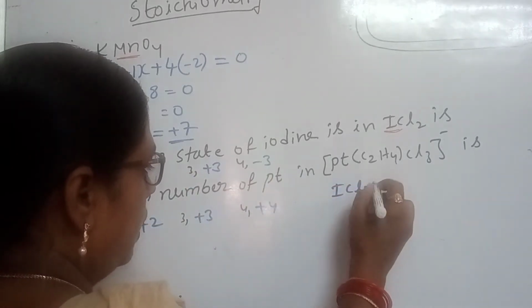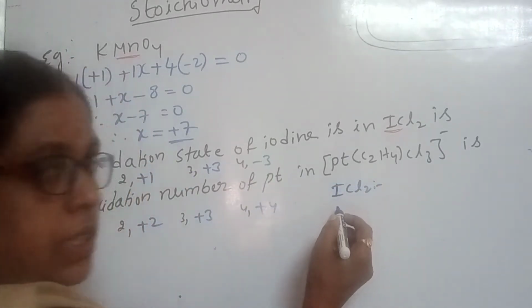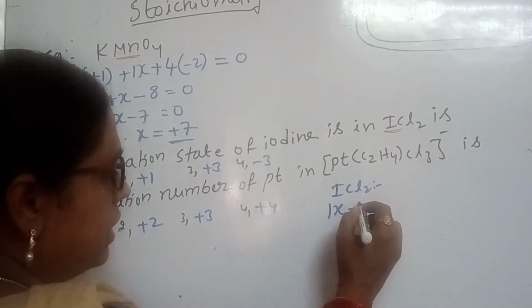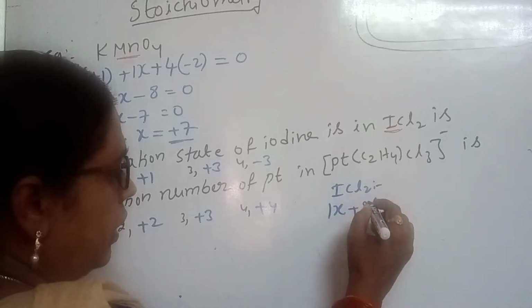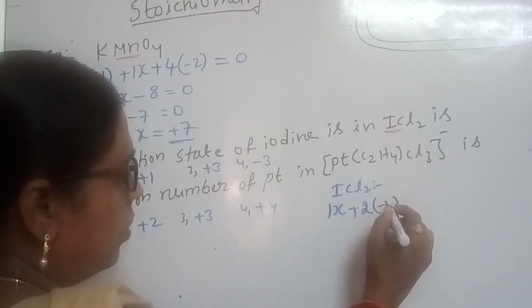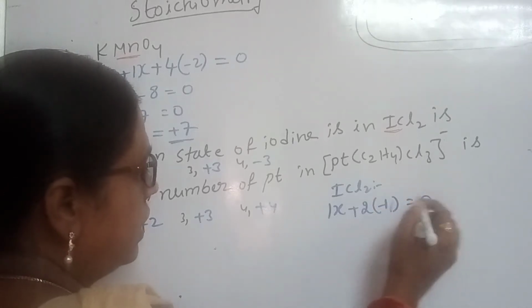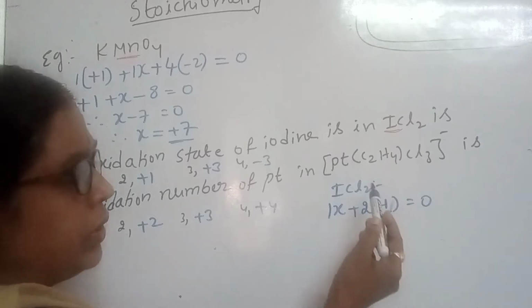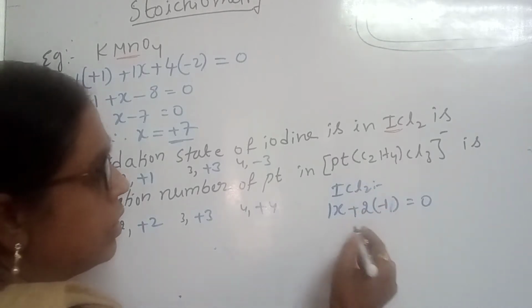How many iodines are there? Only one, so 1x plus how many chlorines here? 2. Generally the chlorine oxidation state is -1. Here the compound is neutral, there is no charge, isn't it?